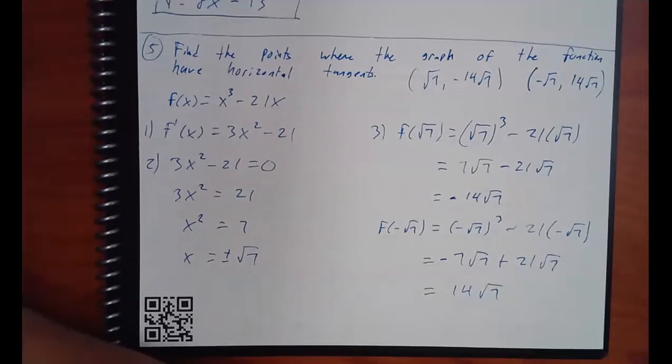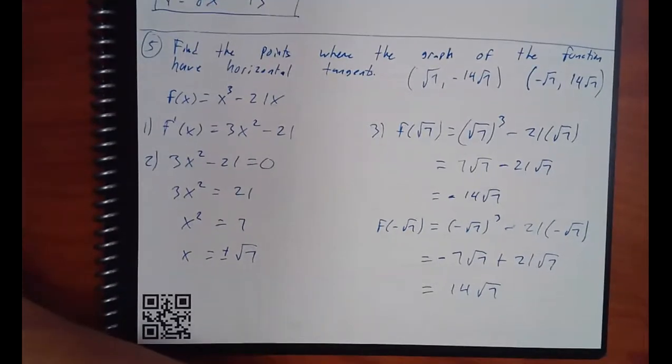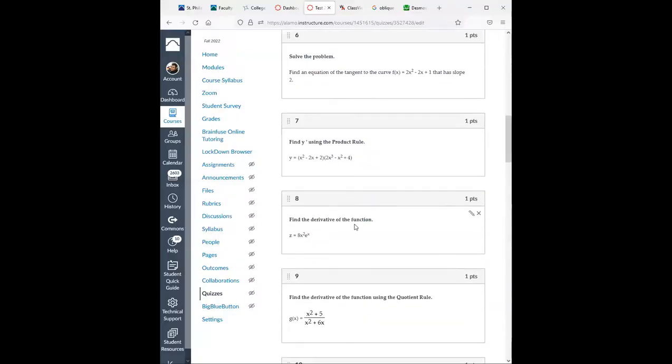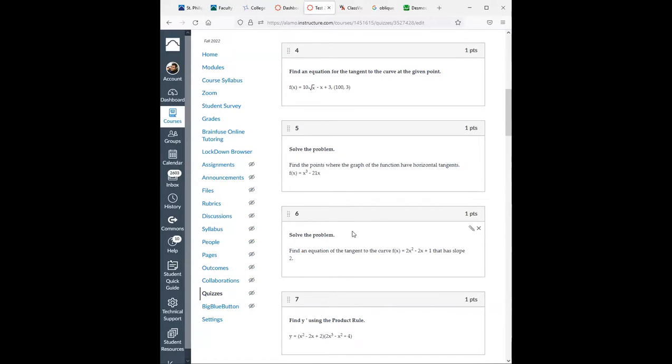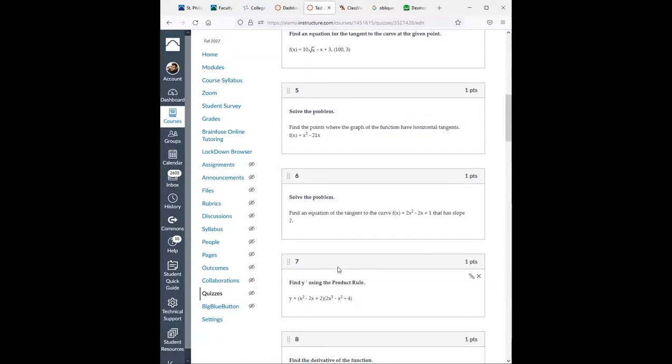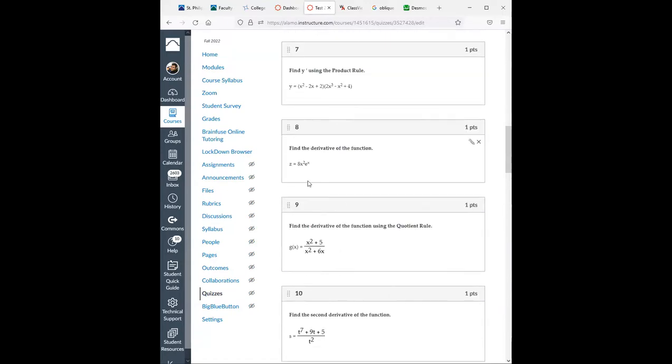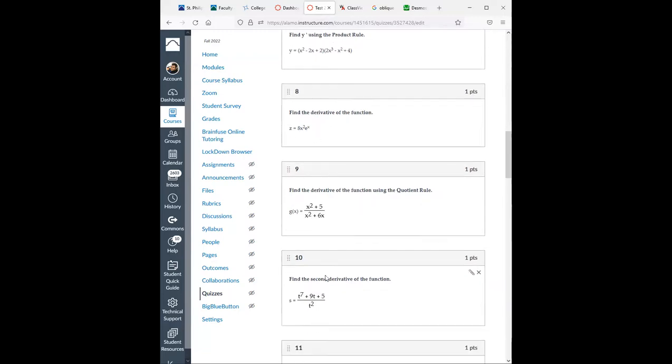Sorry about that. Let's move on to a different one. Let's move on to these types of derivatives. 7, 8 are products, 9, 10 are quotients.